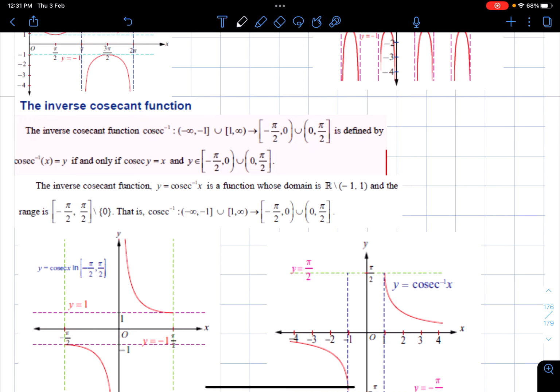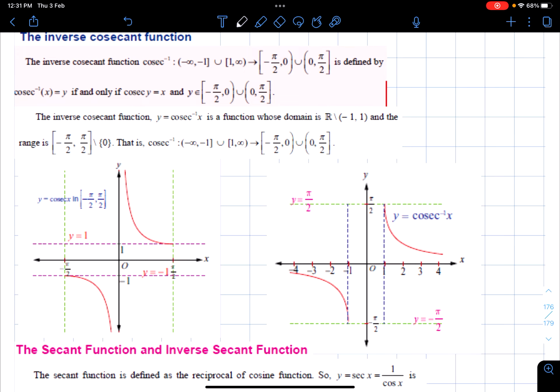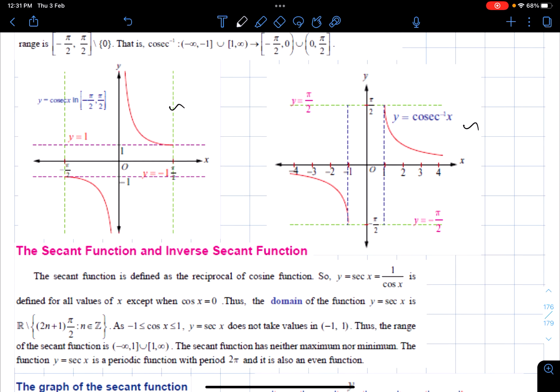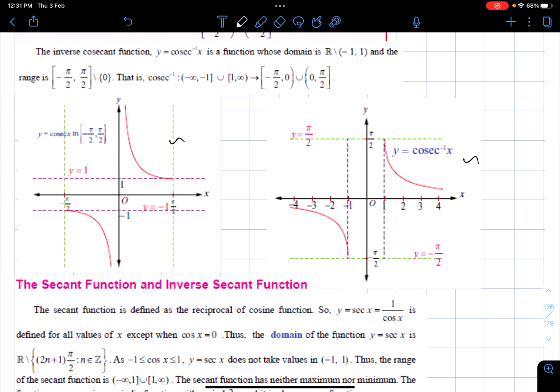Here is the graph in detail: this is the cosecant graph and this is the cosecant inverse graph. You can see the x-axis has pi by 2 and minus pi by 2, whereas in the y-axis you also have pi by 2 and minus pi by 2. It is just the opposite of cosecant and cosecant inverse.